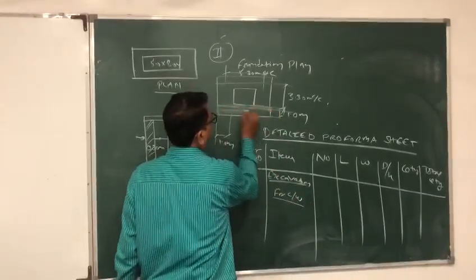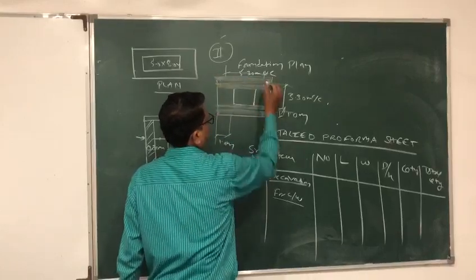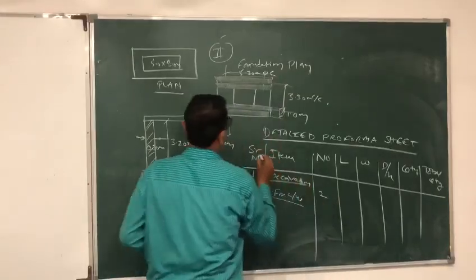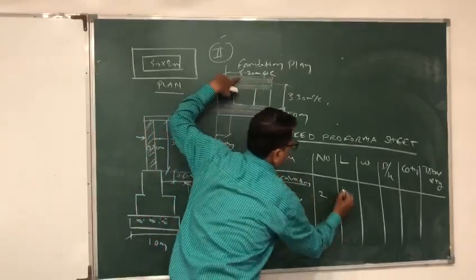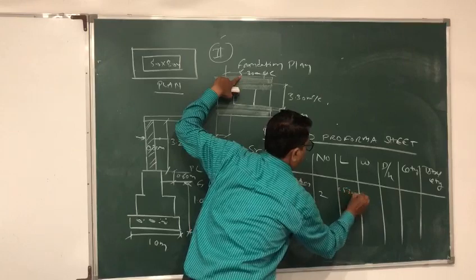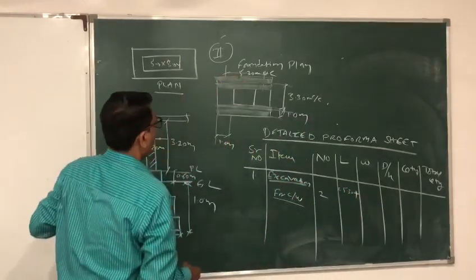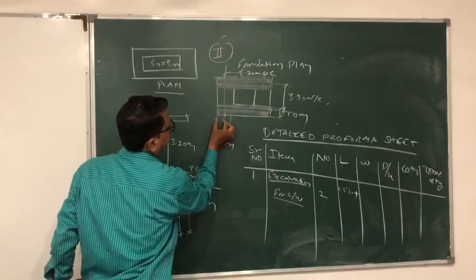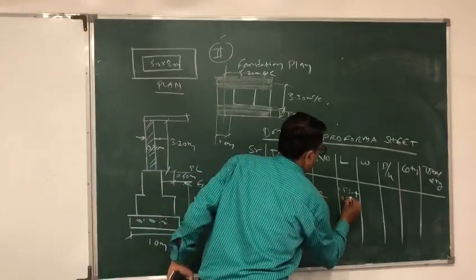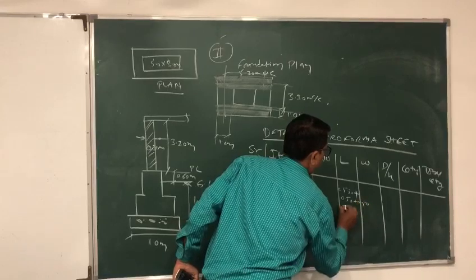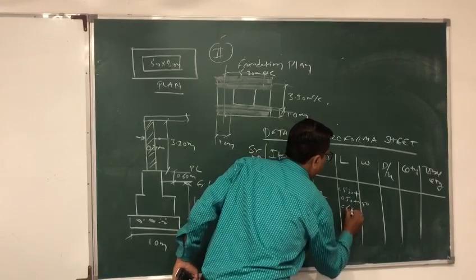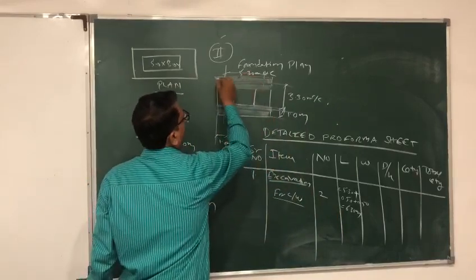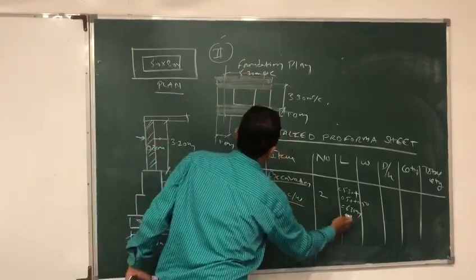So for the long wall, there are 2 walls, so number is 2. Our center line is 5.3 plus half the width, which is 0.5, plus 0.5, that means 6.3 meter. The total length of this long wall is 6.3 meter.